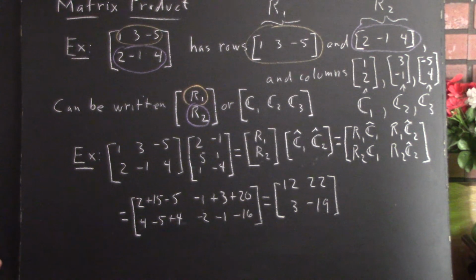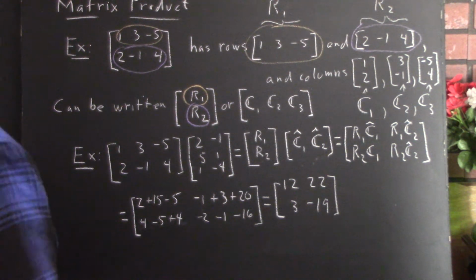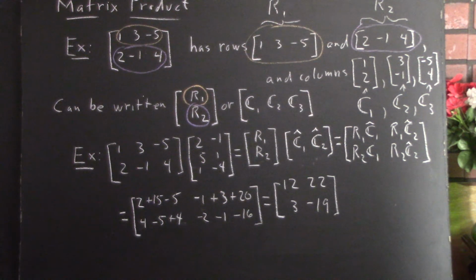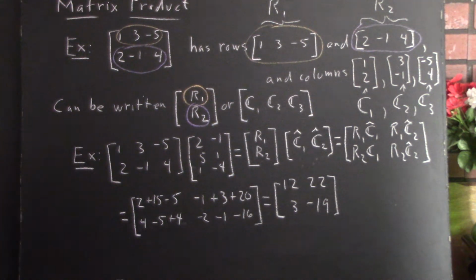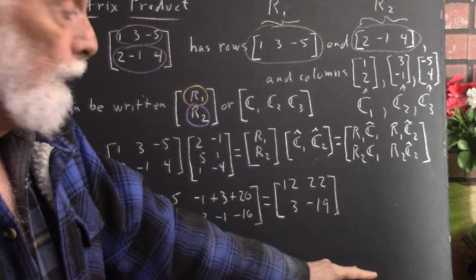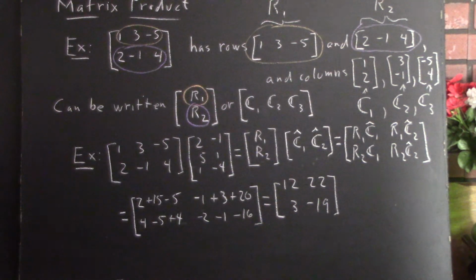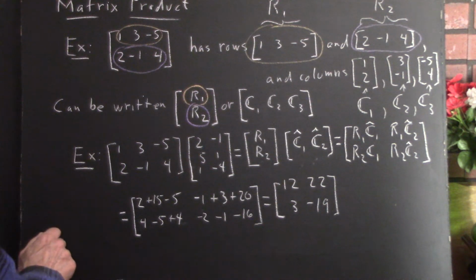Now, in general, if we have, and let's make sure I've got enough room to write this out. I don't want to go lower than this on the board. And how low can I go over here? Yeah, about the same. Okay, hopefully it won't get too cramped.